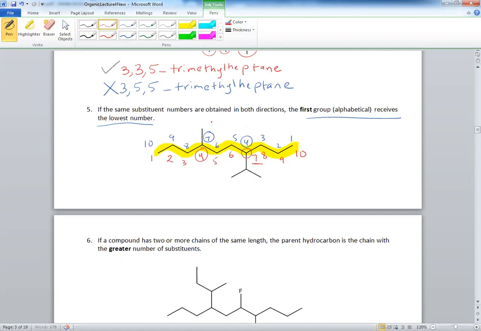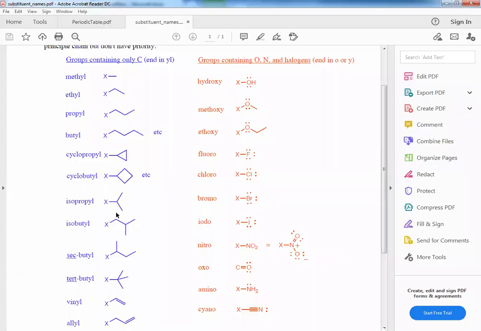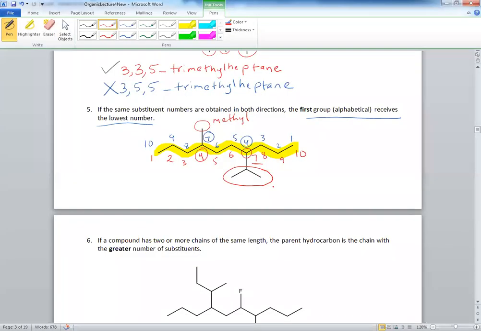Well, let's pay attention. This is called methyl. While this right there, like a fork, if you go and look for it, this would be an isopropyl. Now again, why did I put this here again?